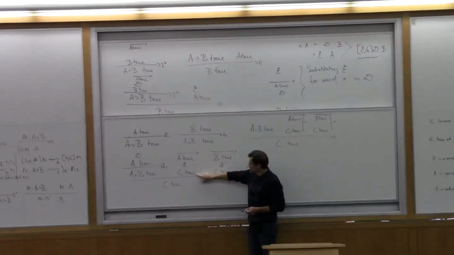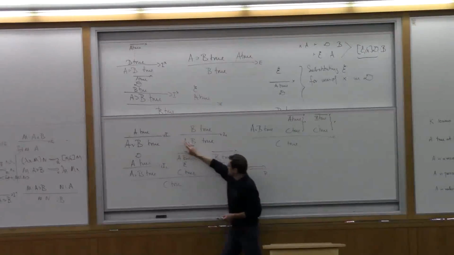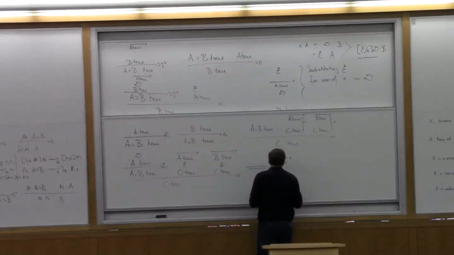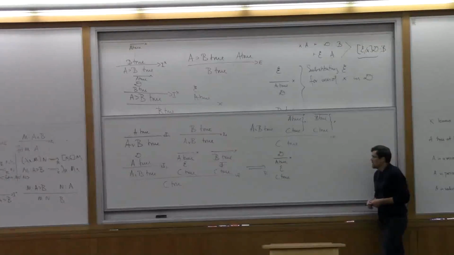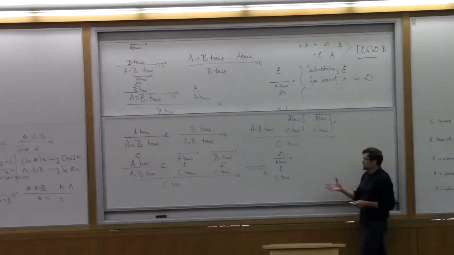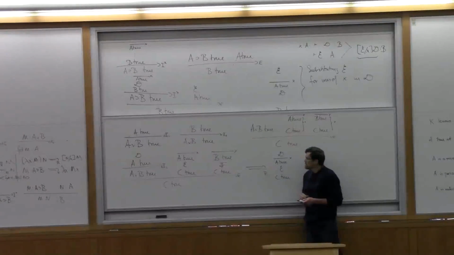So now we can get the conclusion C true by substituting this proof up here. It's something like D for X, which proves A true, and then we have E, and then we prove C true. So for disjunction also, we need to do a substitution in order to show that this is locally sound.